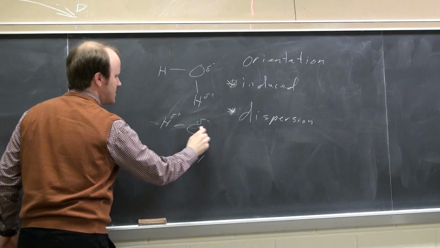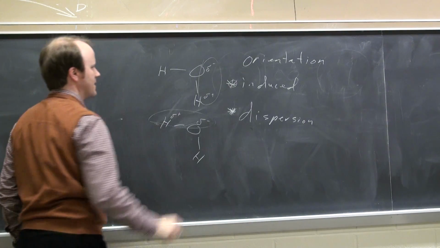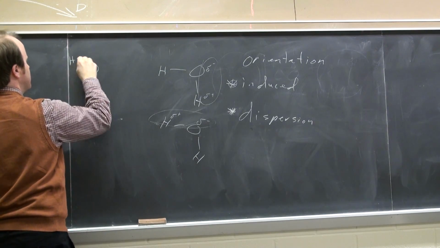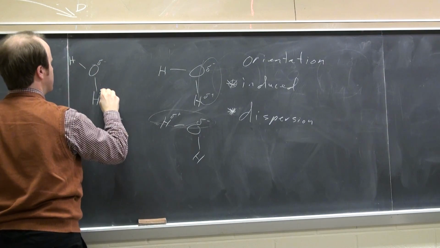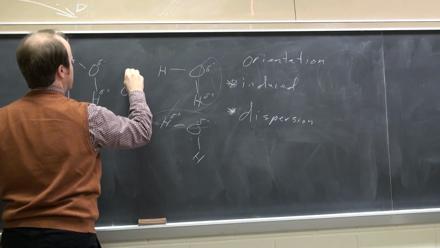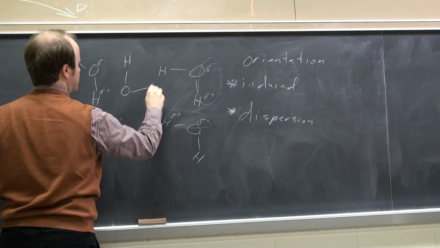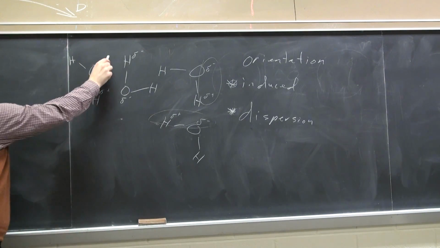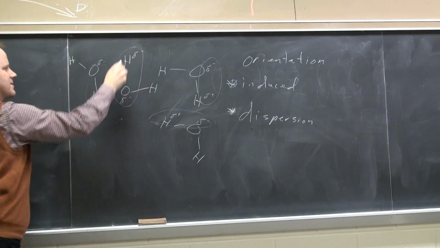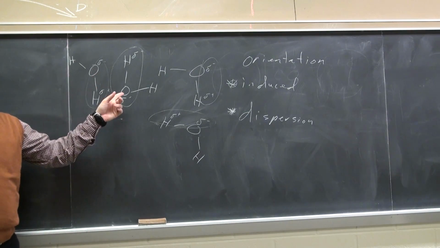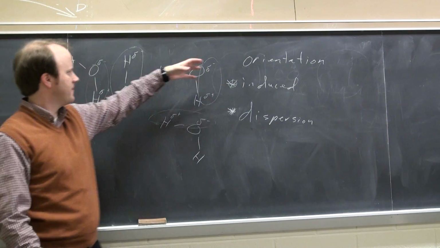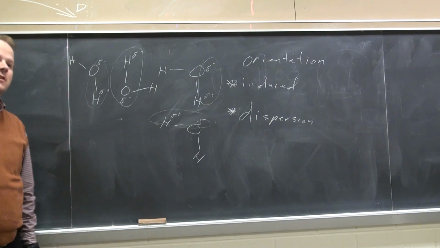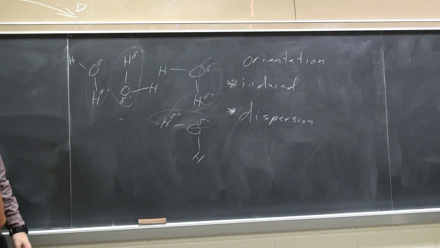So say you have these two dipoles interacting, or say you have two water molecules interacting like this, and now here's the orientation of those. So the orientation part refers to how these dipoles are interacting, how they're arranged with one another.